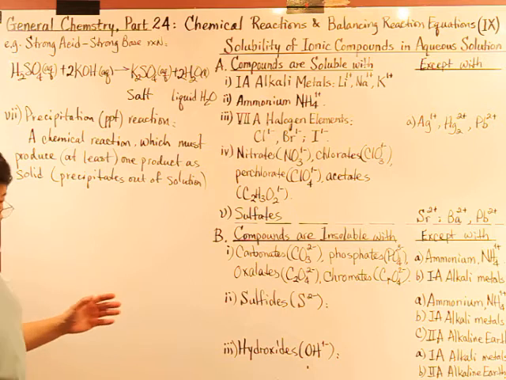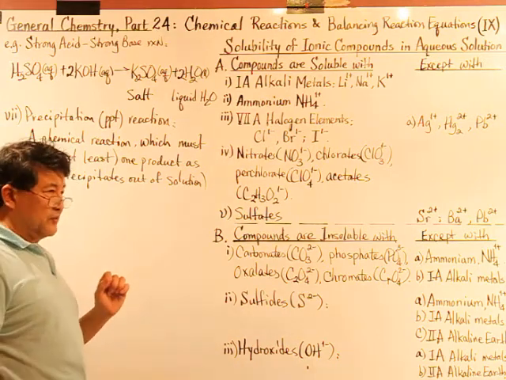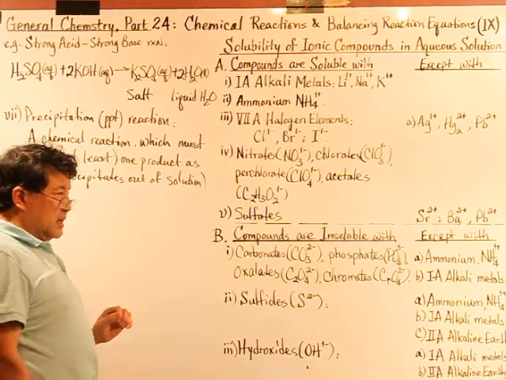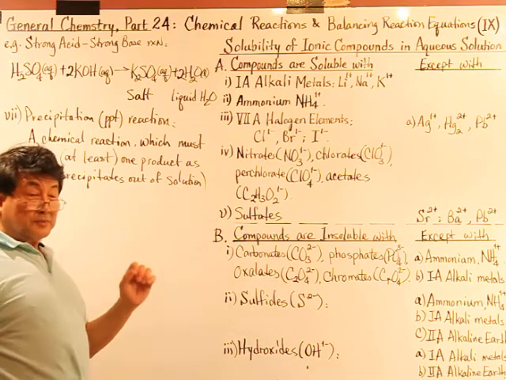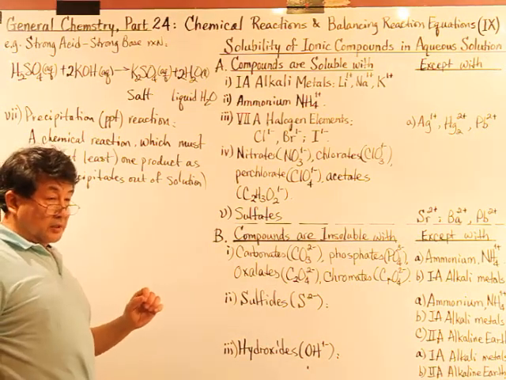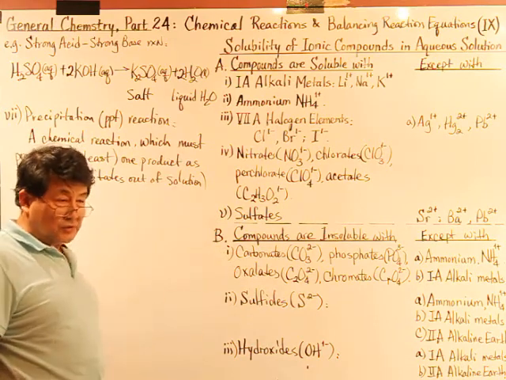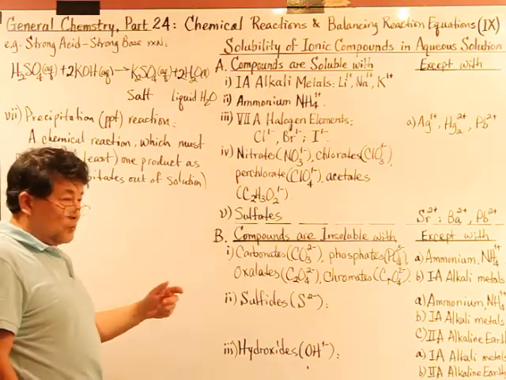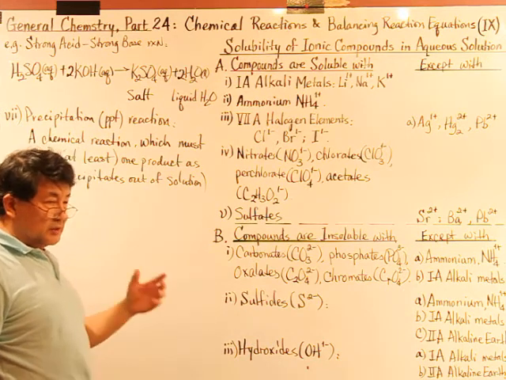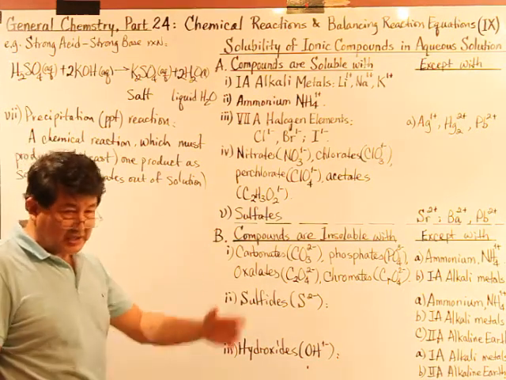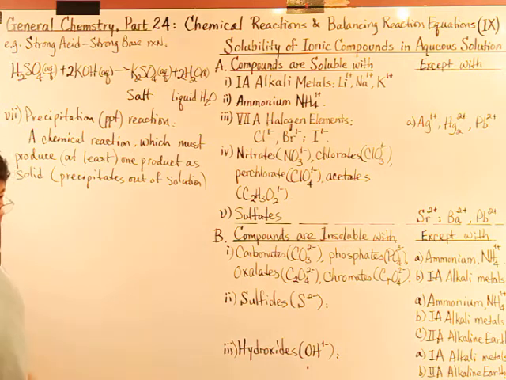Let me give you a review. A single displacement normally will form a gas, evolved out of the solution, or replace a single element as metal and then precipitate it as a solid metal as products, right?